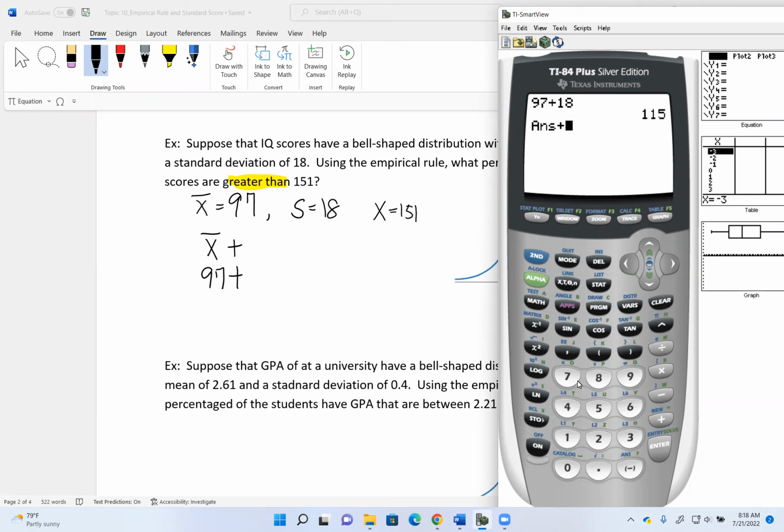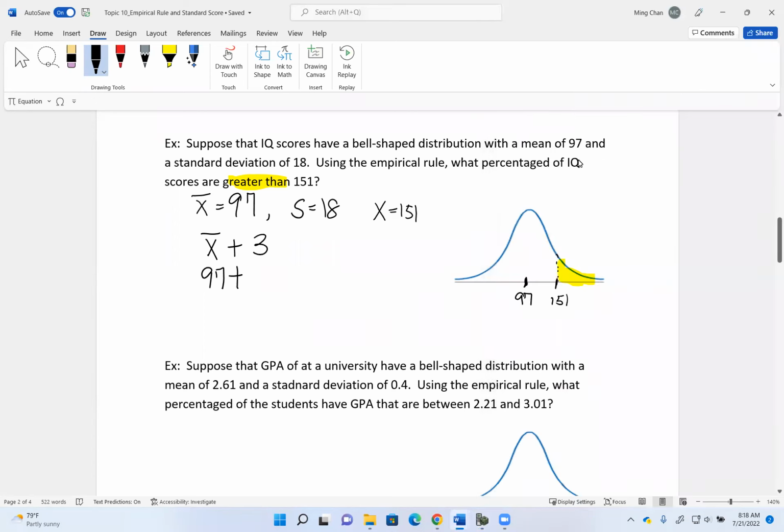If I add another 18, that's 133, two standard deviations to the right. If I add 18 one more time, that will be 151. So 151 is three standard deviations to the right. The mean plus 3 times the standard deviation, 18, gives me 151.